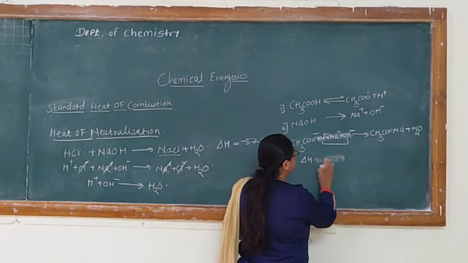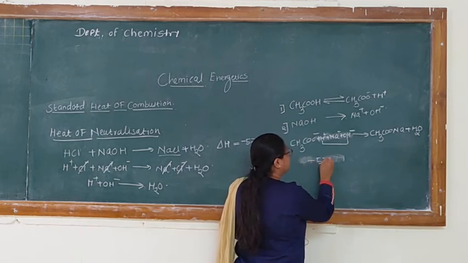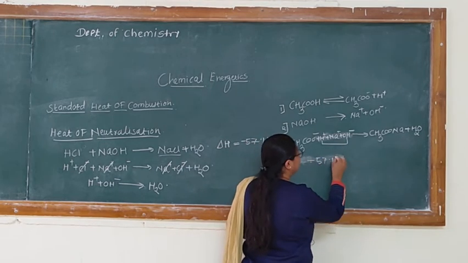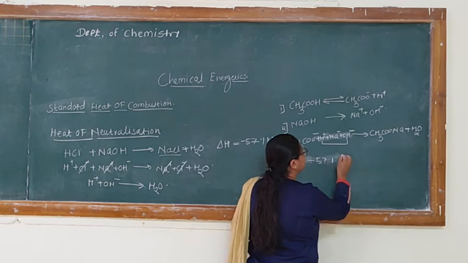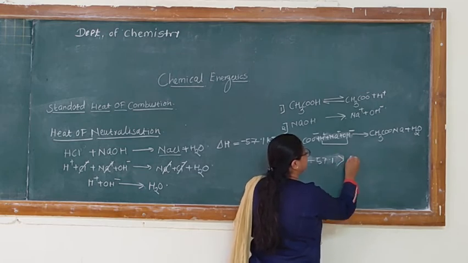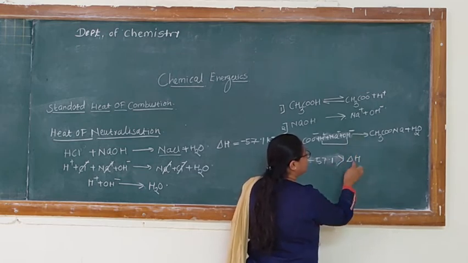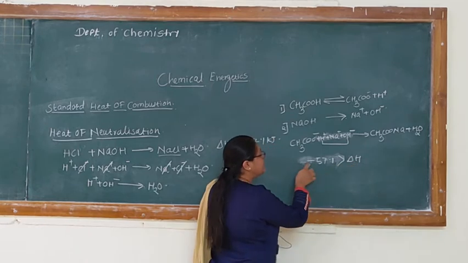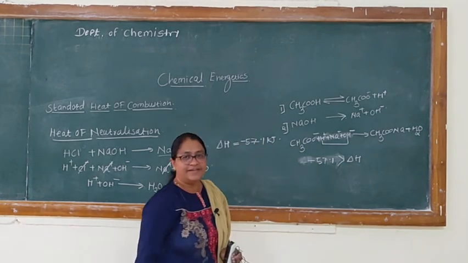The delta H here is less than that. For this reaction, delta H is less than minus 57.1.